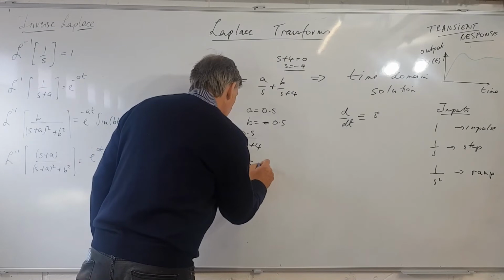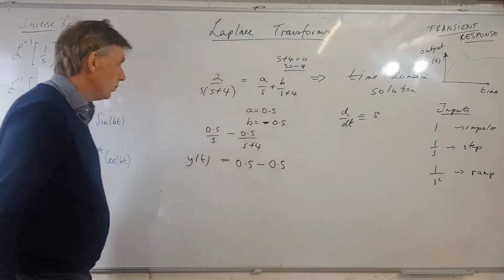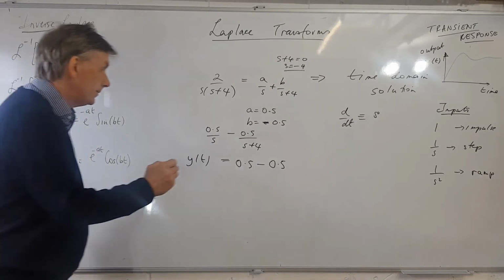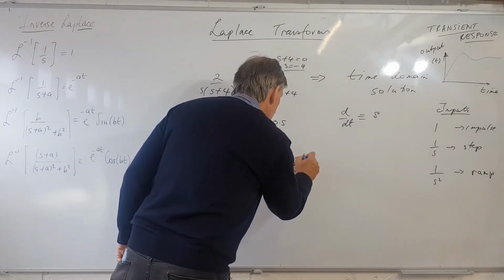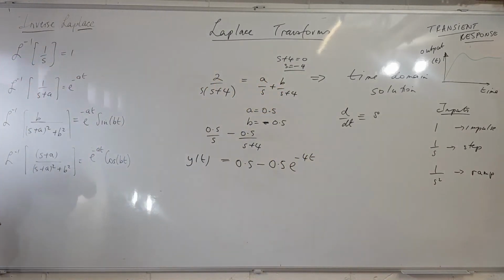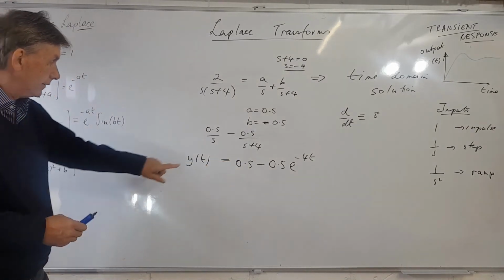So it's going to be 0.5 minus, I've got a 0.5 here, and a 1 over s plus 4 is e to the minus 4t.